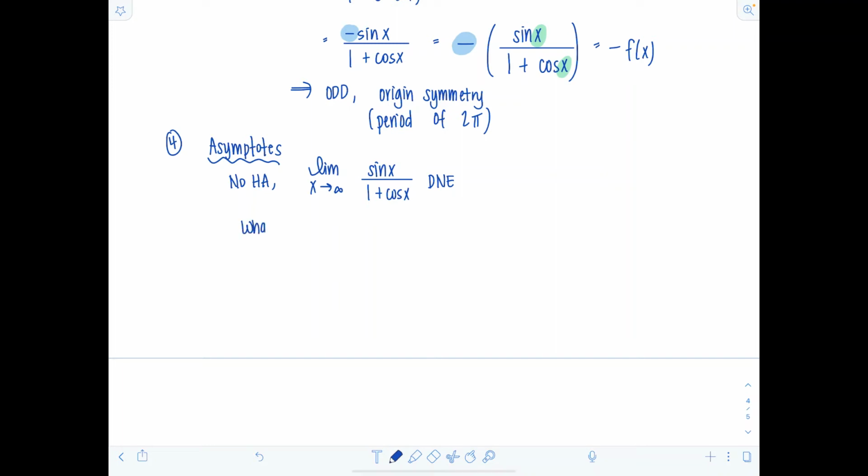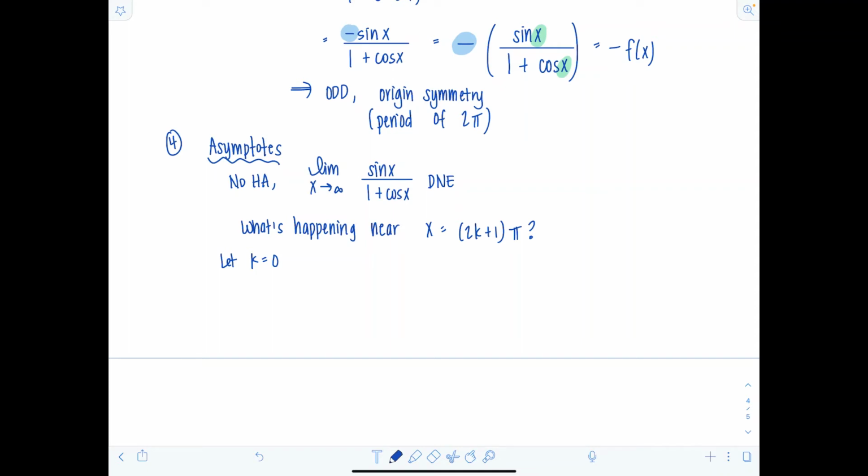So what's happening when, or near, x equals 2k plus 1 times pi. Now I think the easiest way to do it is I'm just going to pick k to be a specific number. In this case, I'm just going to let k equal 0. Since it's periodic, whatever happens near one of the asymptotes is probably going to just keep repeating in the next one and the next one.